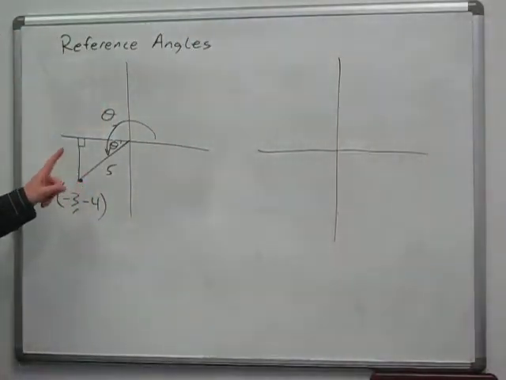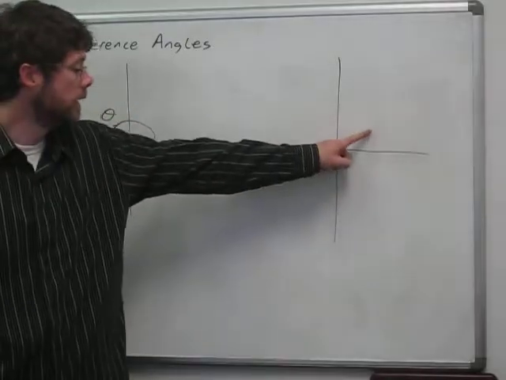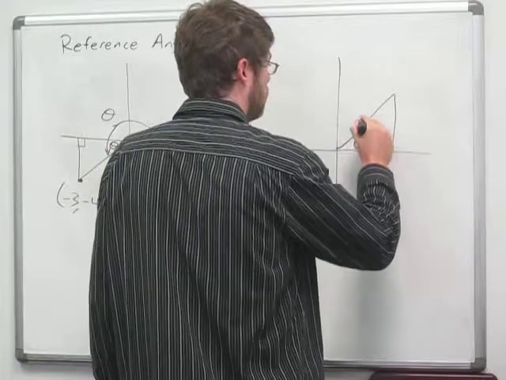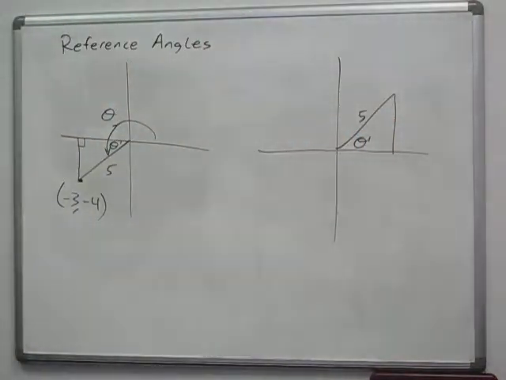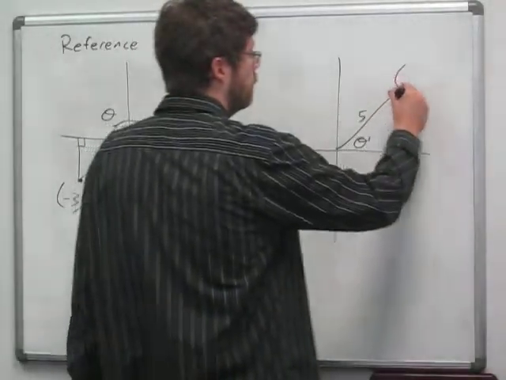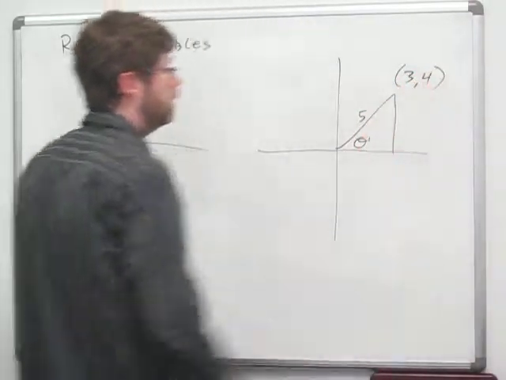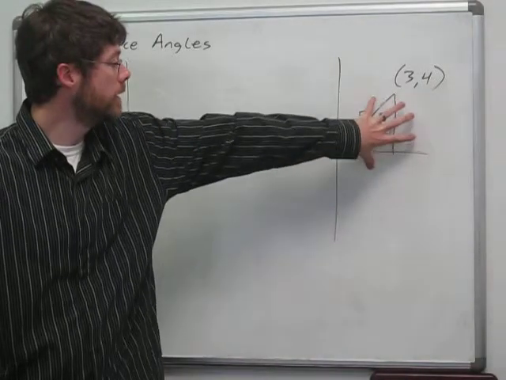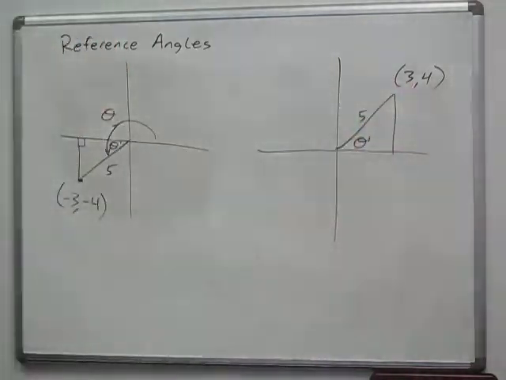I can think about a copy of this triangle sitting in quadrant 1. The radius will be 5, and in order to get this triangle sitting up here in this position, I just need to make the x and the y coordinate positive.